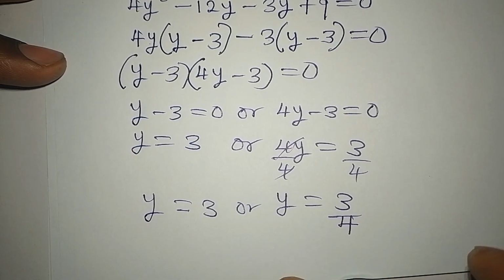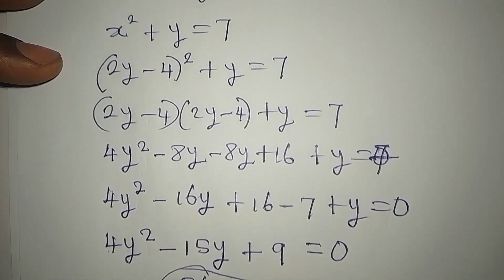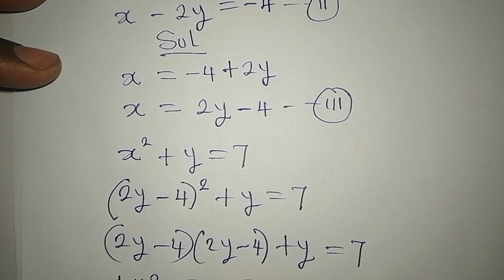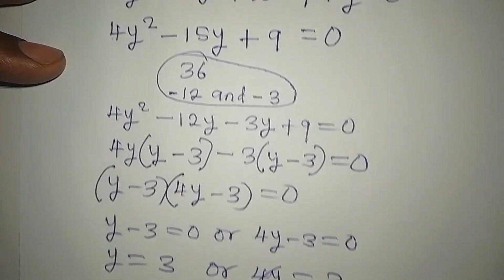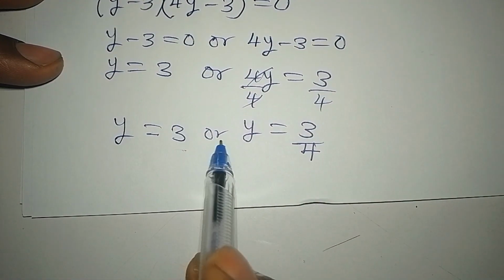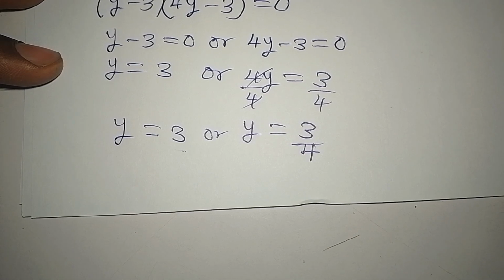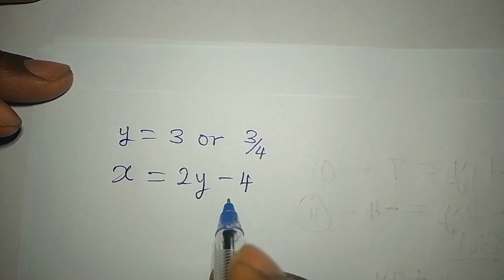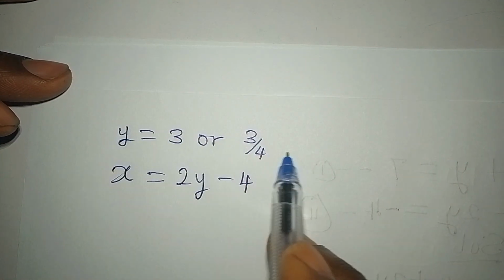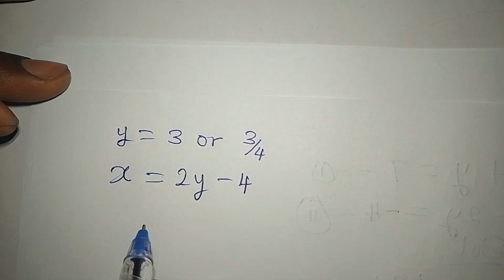Remember, I told you to take note of equation 3. Let's take a look at that again. We got x to be equal to 2y minus 4. So now that we've got the value of y, we can now get the value of x from equation 3. Let's go there. This is our equation 3, and this is the solution to y, 3 or 3 over 4, right?